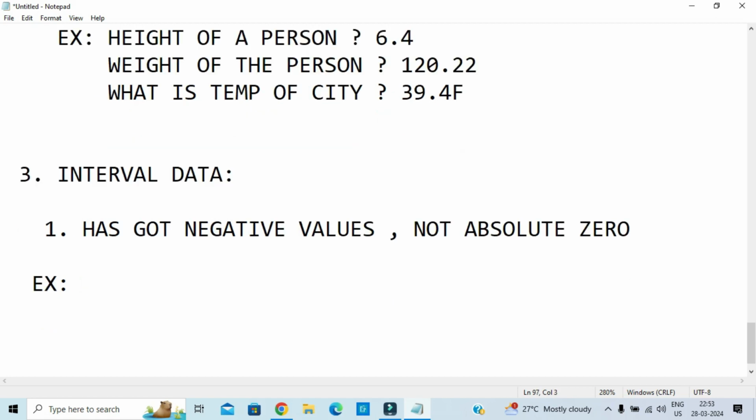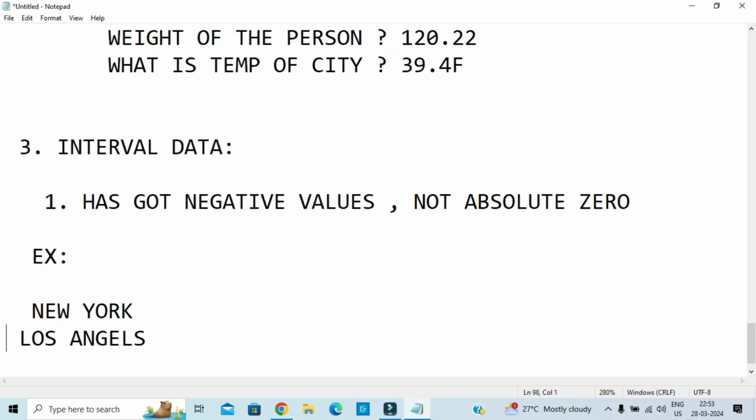Suppose there are two cities, New York and Los Angeles. The New York temperature reading is 20 degrees Celsius and the Los Angeles temperature reading is minus 10 degrees Celsius.